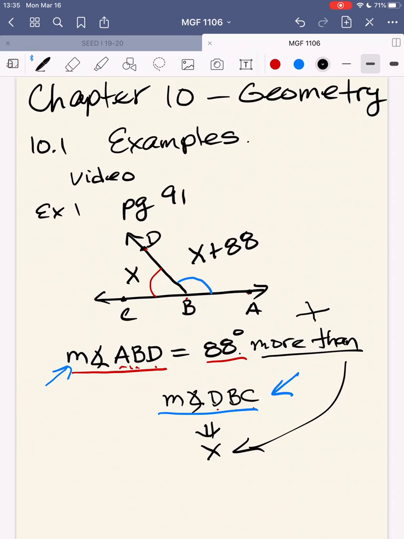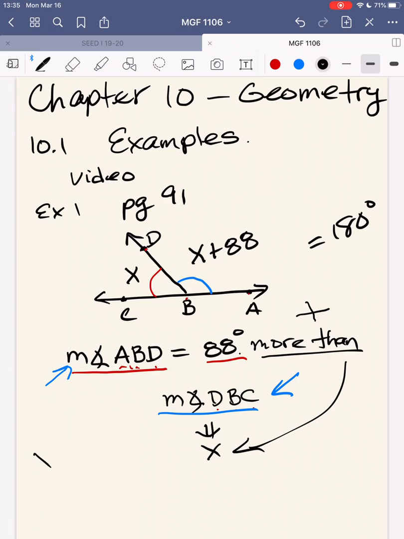Now these are supplementary angles, so they have to add up to 180 degrees. So when I add these two up, they should equal 180 degrees.